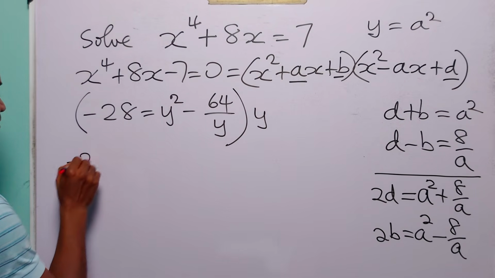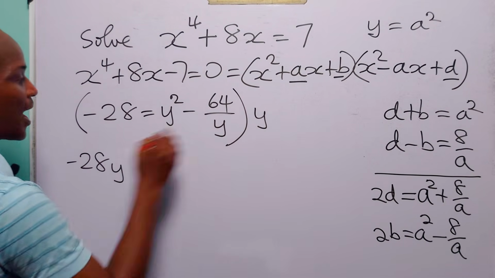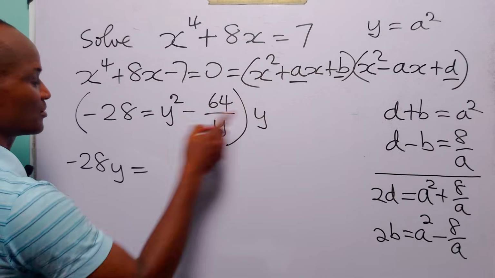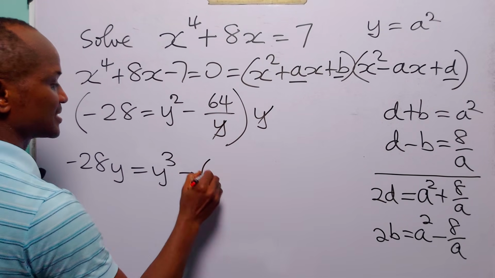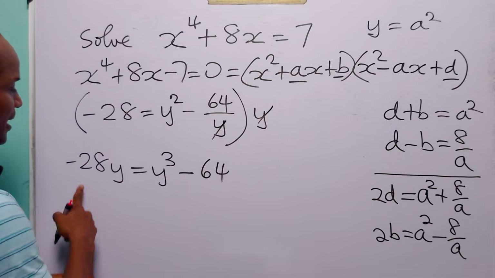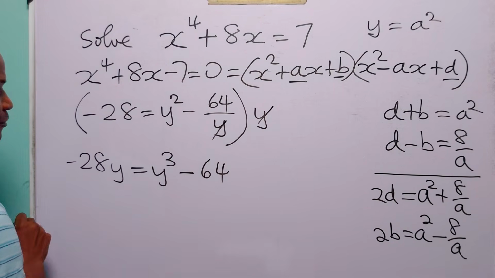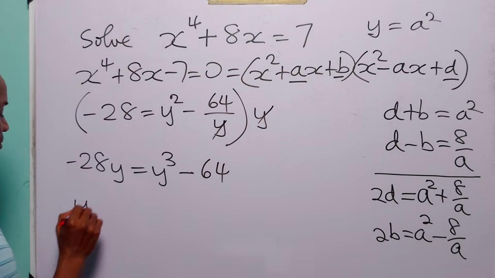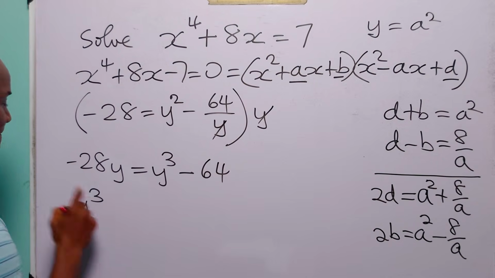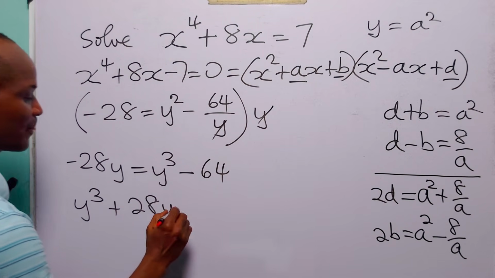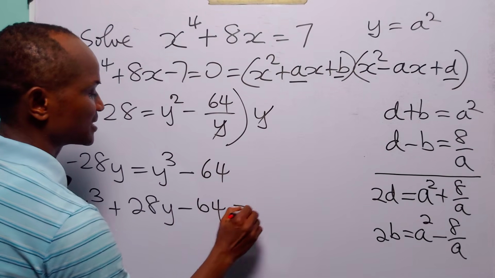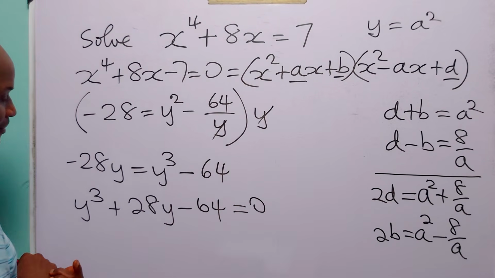We have minus 28y is equal to y cubed minus 64. Now, when we rearrange this cubic equation, we have y cubed plus 28y minus 64 is equal to 0.